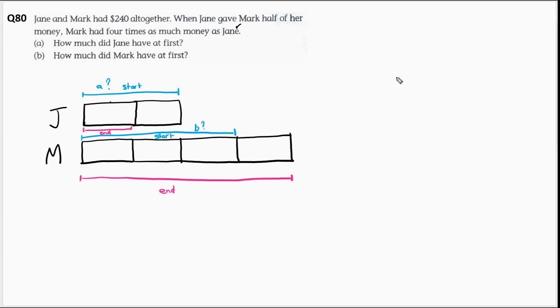What we probably need to do is, because it says Jane and Mark had $240 altogether, but what this model does is capture one of these blocks, we have to be really careful here. One of these blocks is being shown twice. So what we ought to do is shade it in.